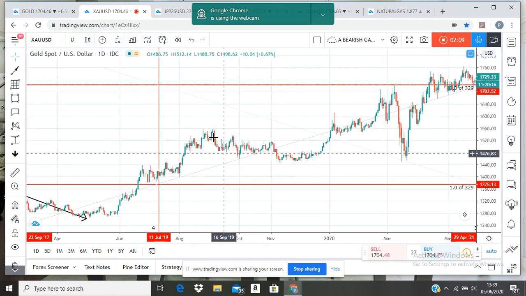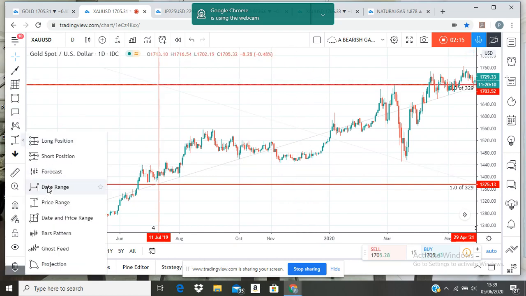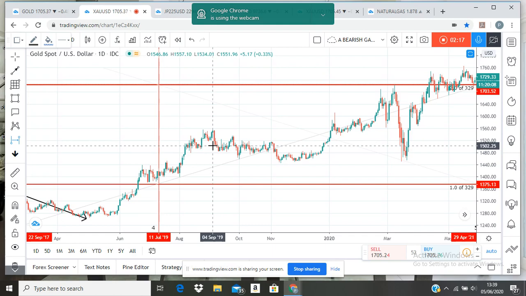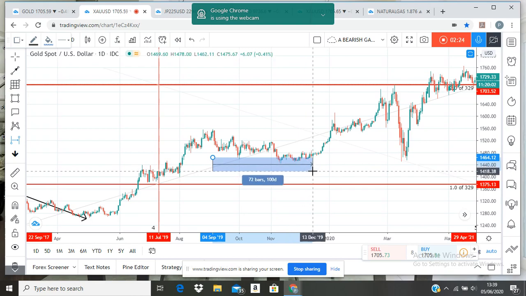What we do is that we have to square that 109 points forward in time. So from the high we measure 109 days forward. So 109 days.